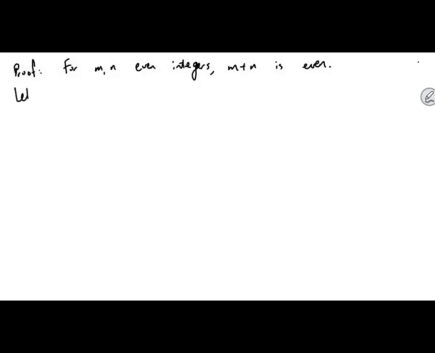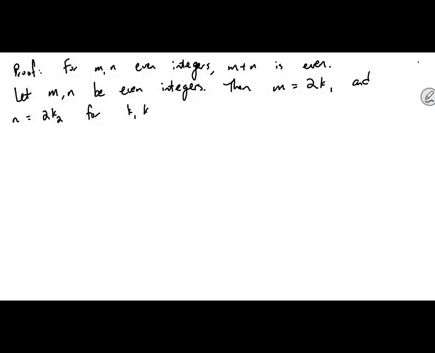So let's let m and n be even integers. Then m equals 2k1 and n equals 2k2 for integers k1 and k2.